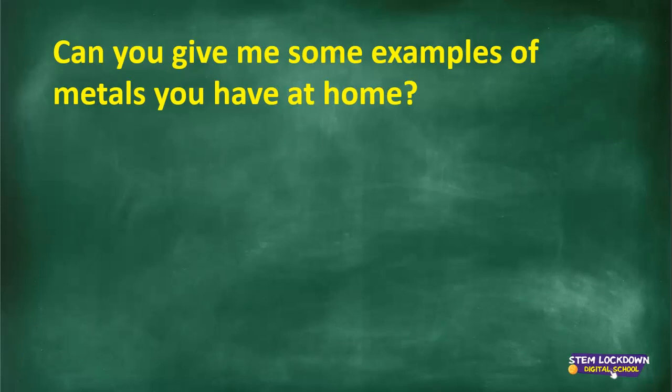Okay, thank you, Sakura. Okay, there's some different types of metals that you can also find at home. I wonder if you can think of, oh wow, okay, Sakura says there's copper as well. I like that, Sakura. You can also find copper at home. Where can you find copper?